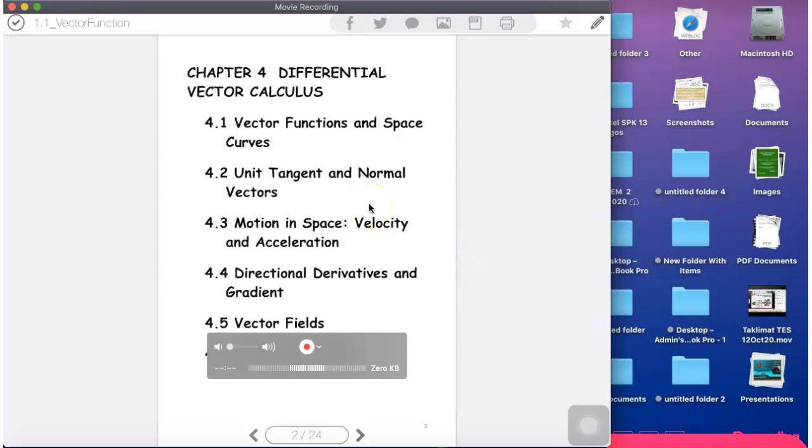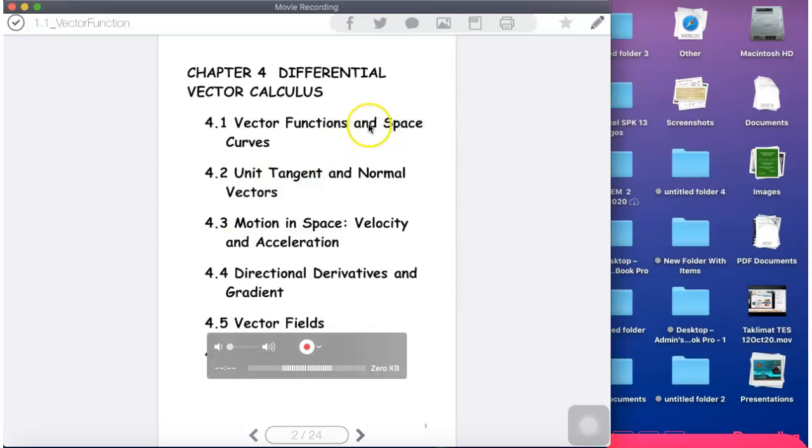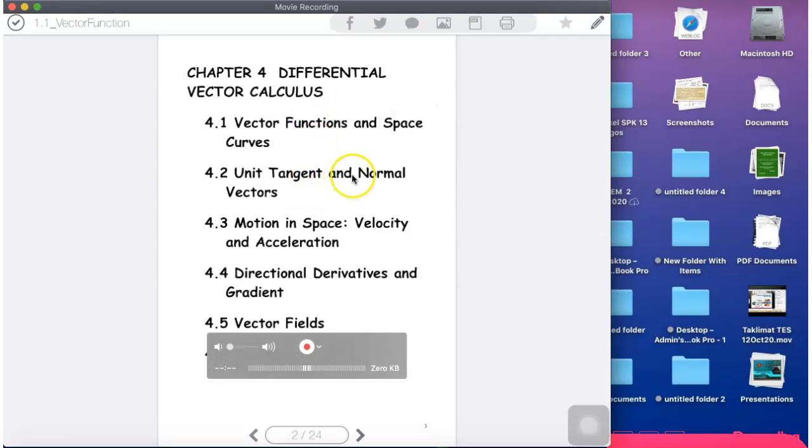Because the title of the course is vector calculus, I would say that all 100% of the content has to do with the vector function. Firstly, I want to introduce the vector function, and then how we can sketch the graph of the vector function, and after that we figure out the applications of the vector function.